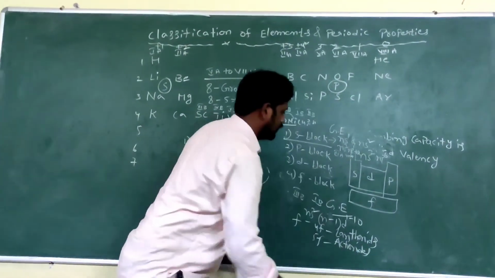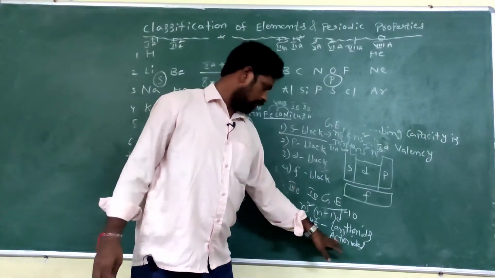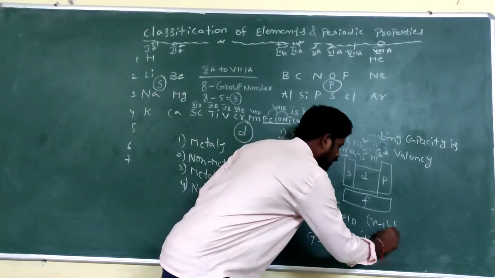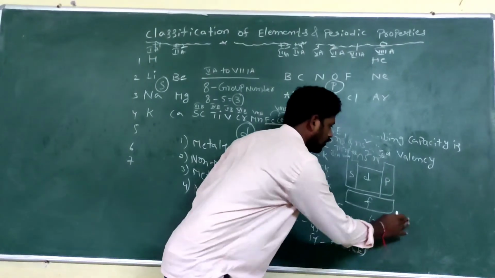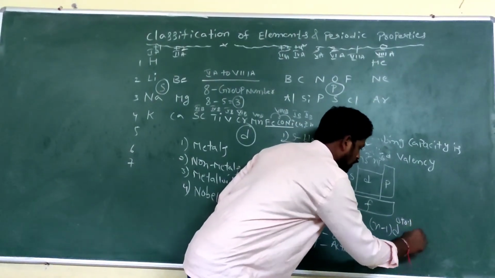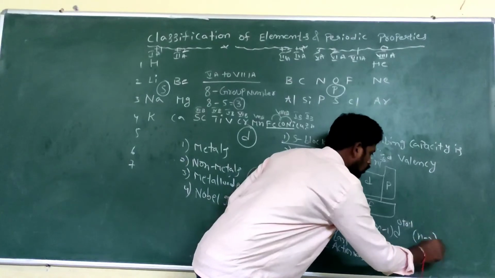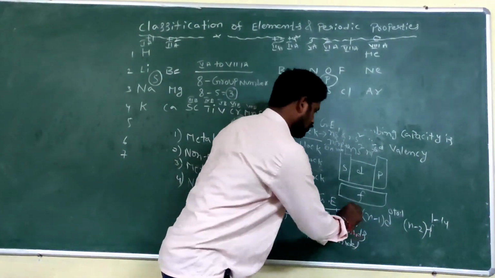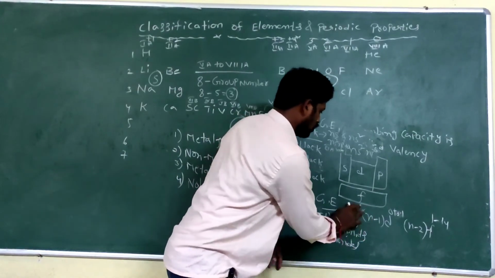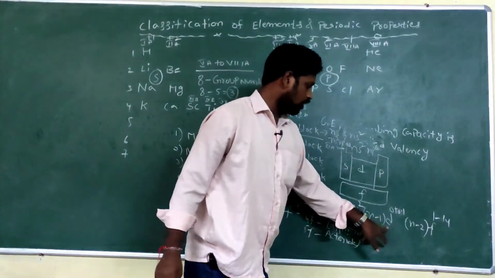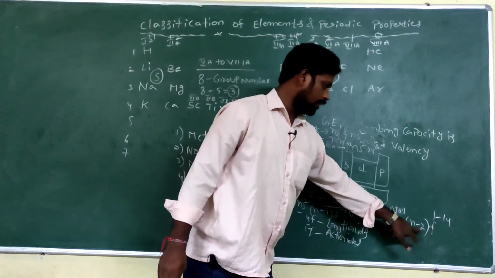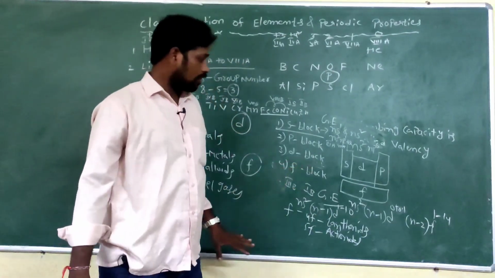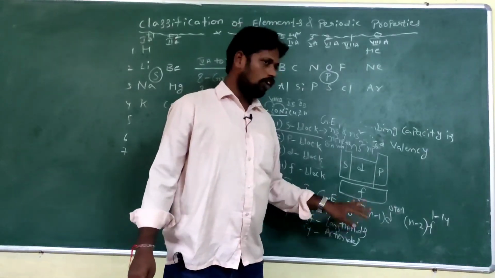The general electronic configuration is ns2 (n-1)d0 to 1 (n-2)f1 to 14. This is the general electronic configuration of F block elements.